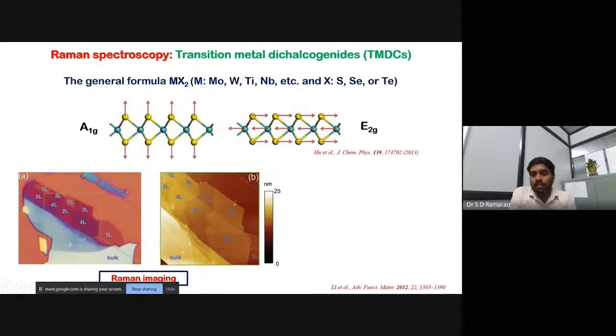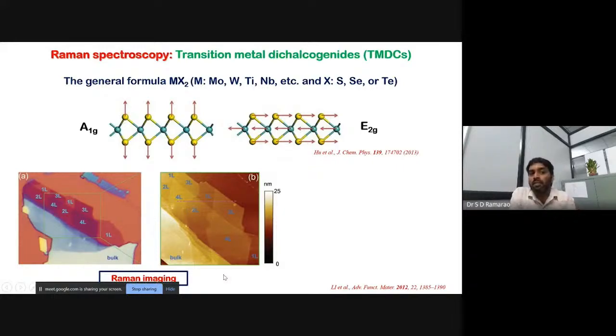Here, Lee et al. prepared these transition metal dichalcogenides. These are also layered materials, and you can use Scotch tape to peel out and get single-layer or multi-layer transition metal dichalcogenides. When you are peeling, or exfoliating, there is a possibility that a few places will have multiple layers and a few places will have single layers, and that is the case here. Here you see Raman imaging.